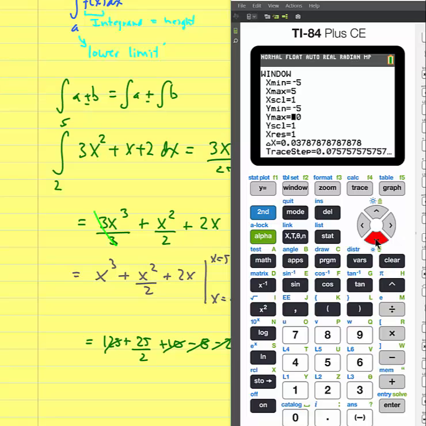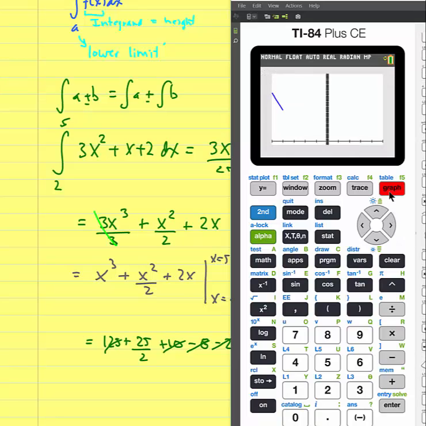Let me get to y max. So if we plugged in a 5 in here, we'd have 5 squared is 75, let's do 100 here. Let's see what that looks like. Okay, so there we got it. So now if we look at this from 2 to 5, that's this piece right here. So let's just try something real quick.